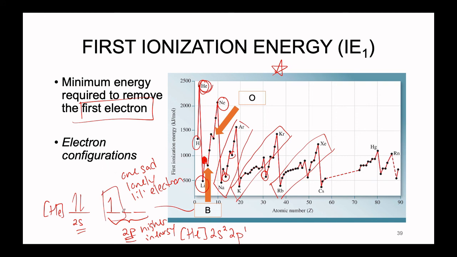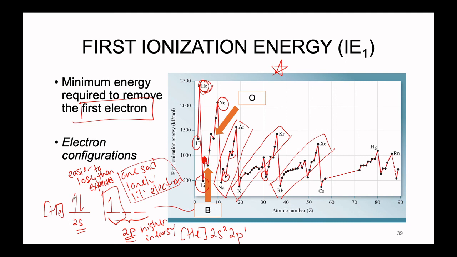Because we only have one electron present inside of this 2p subshell, it's actually going to end up being easier to lose than expected. So this one sad, lonely little electron is going to be easier to lose than expected when we compare the same situation, the same electron configuration to beryllium, which came right before it.